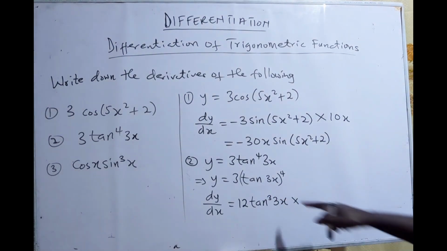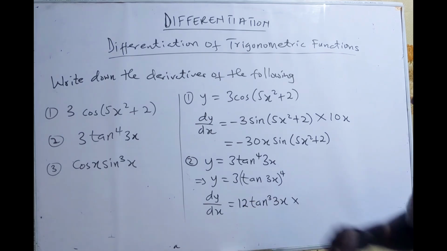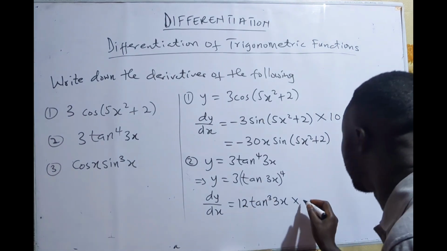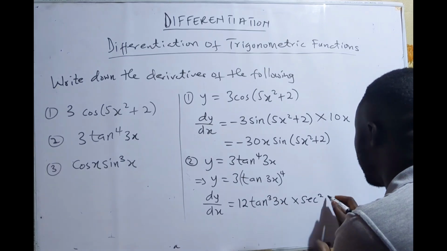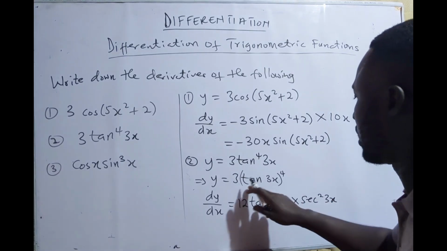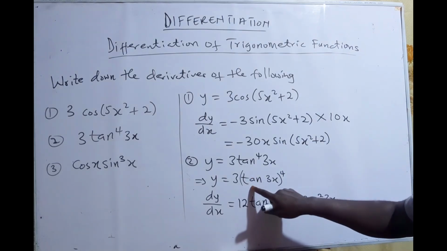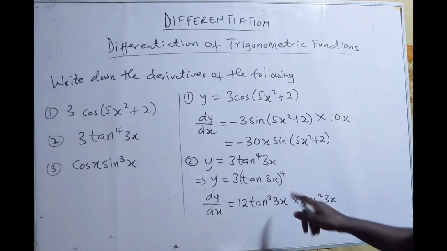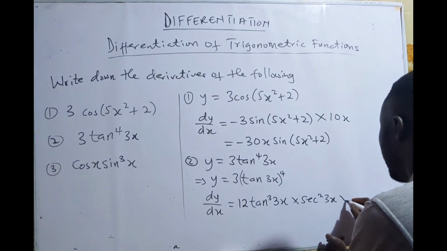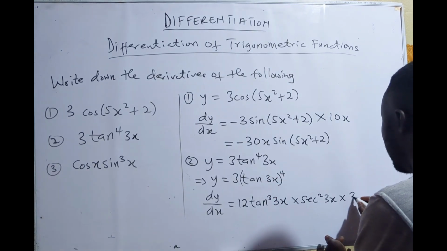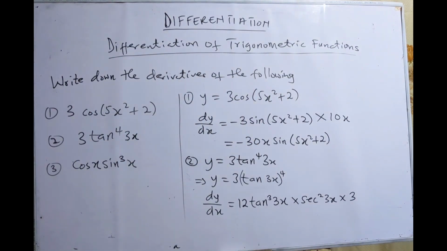To differentiate tan is what? Sec square 3x. So when I differentiate tan 3x, it will become sec square 3x. Then I'll differentiate the 3x, and when I differentiate the 3x, it will give me 3. You see? It will give me 3.